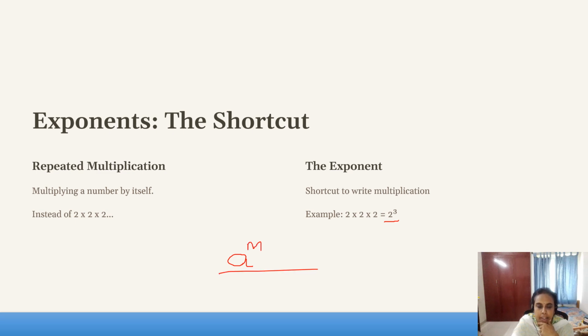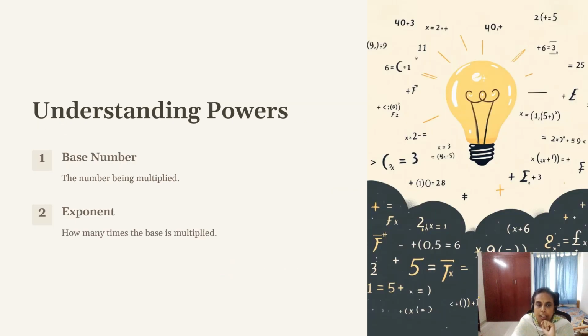Here a is the base and m is the power. So 2 cube represents 2 multiplied 3 times, that is 2 into 2 into 2. Coming to the exponent notation, a to the power of n: here a is known as the base number, that is the number being multiplied, and the exponent tells how many times the base is multiplied.